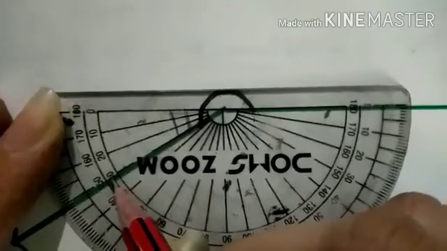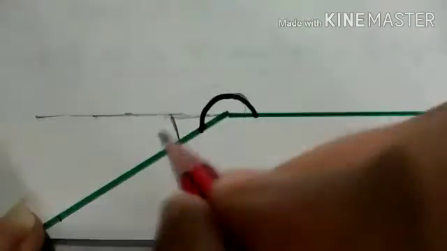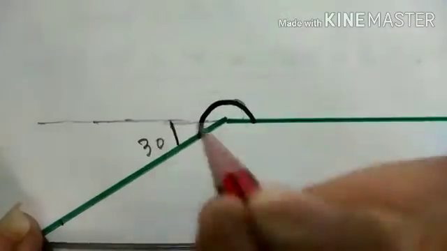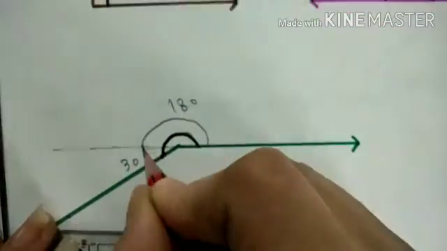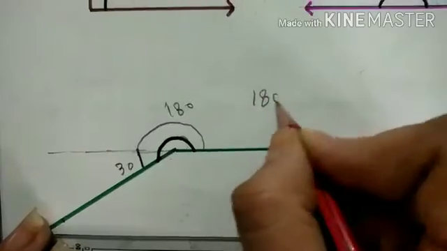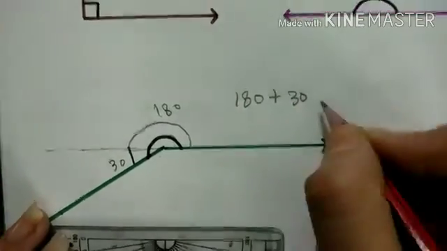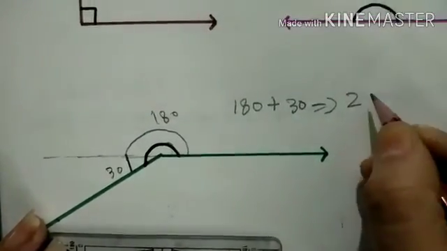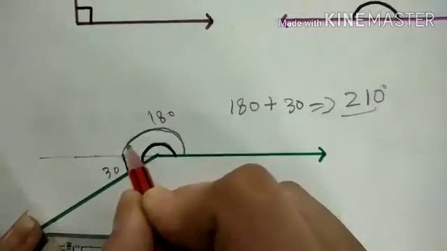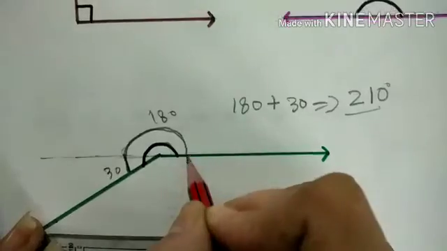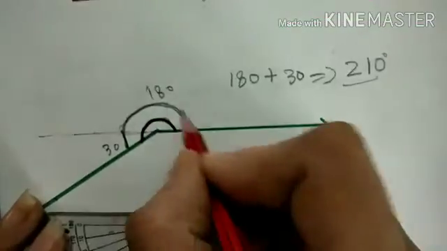Inner side we have 30 degrees. Only 30 degrees. So this complete angle is 180 degrees and 30 degrees more. So the total angle is 180 degrees plus 30 degrees, that is 210 degrees.